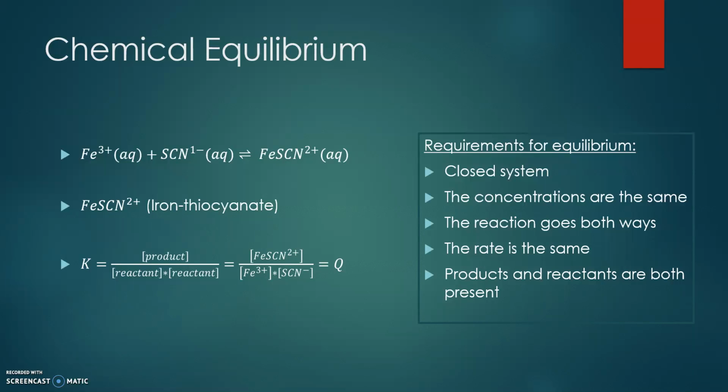The concentrations are constant, the reaction goes both ways, the rates are the same both ways, and there are both products and reactants present, which are all the requirements for chemical equilibrium.